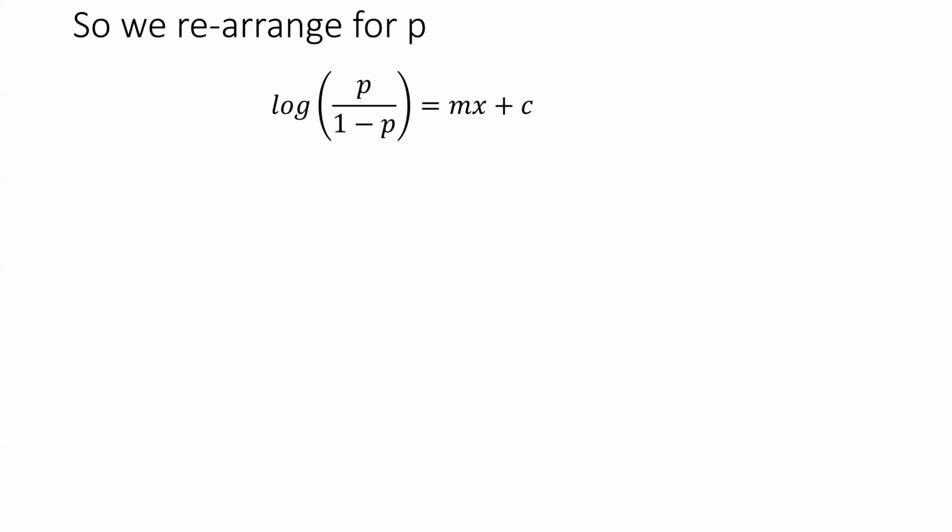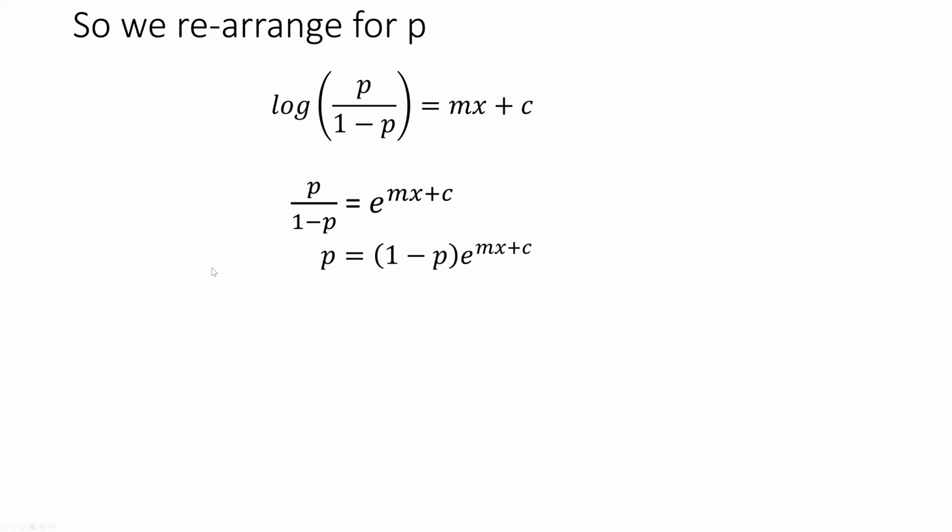So this is our regression equation. The log odds equals mx plus c. If you remember your GCSE maths, if you take the exponent of a log, then you take the other side up. So if you exponentiate both sides, we remove the log, and obviously we exponentiate mx plus c.